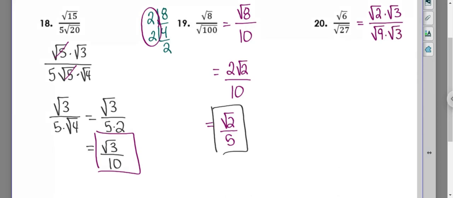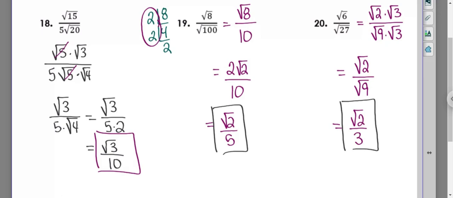So I can divide both of those by 3. And I'm left with the square root of 2 over the square root of 9, which is 3. So square root of 2 over 3.